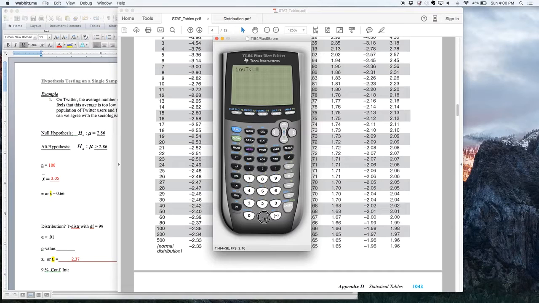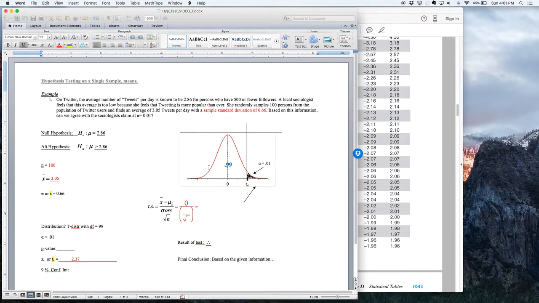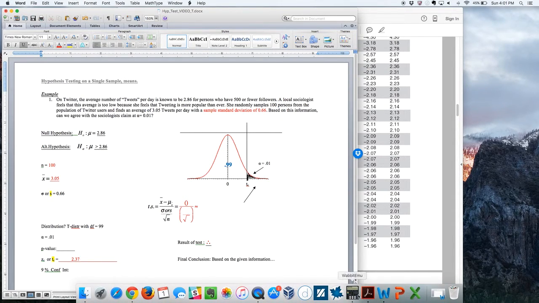It needs area on the left, which was 0.99. It's the area on the left. And then it needs degrees of freedom, which is 99 degrees of freedom. So this looks a little weird because it's 0.99 and 99, but the reality is this is area on the left, which remember was 99% area, right? And then it needs degrees of freedom after that.